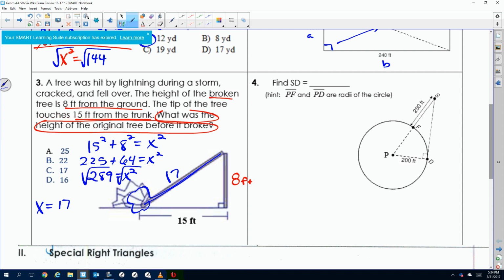If I want the original height, I have to take that 17 piece and add it to the piece that's sticking out of the ground. We take that 17 and add the 8 that's in the ground. So our real answer is A, 25.